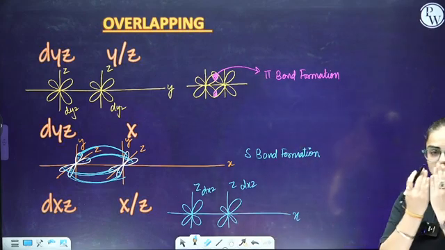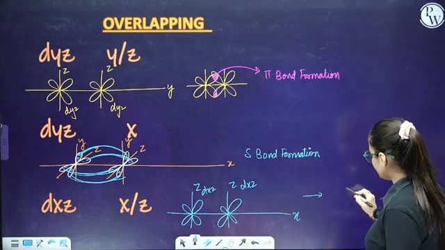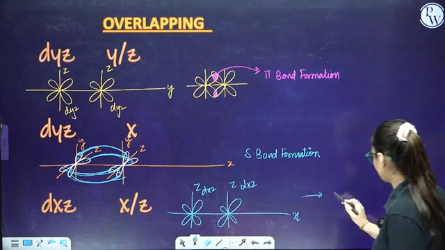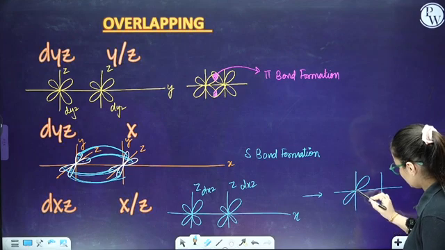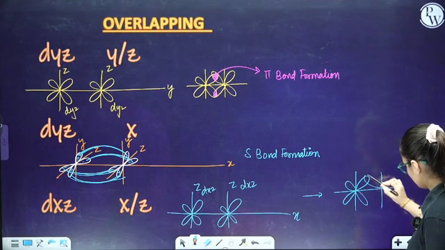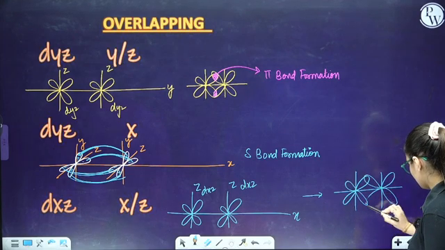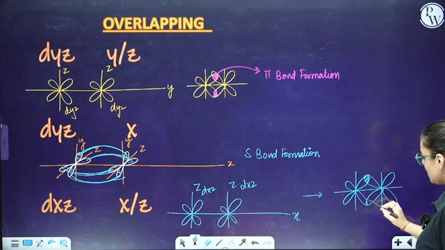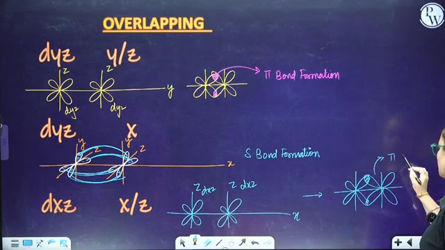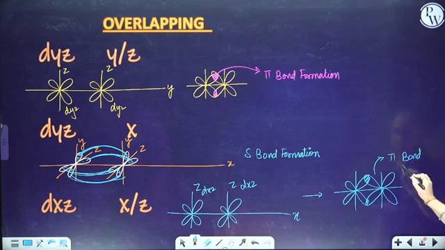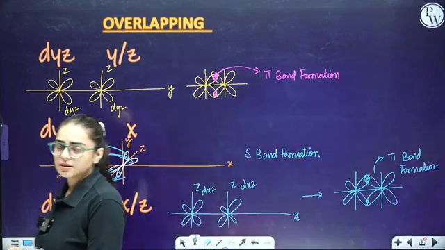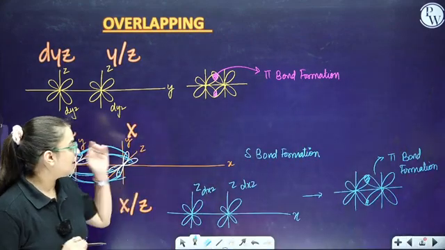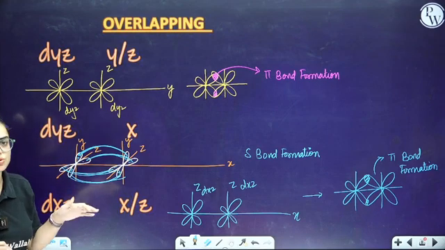You will see what kind of bond formation is going to take place. So two overlapping regions, here pi bond formation takes place. Clear, everyone?